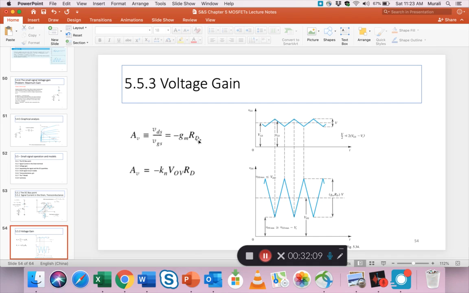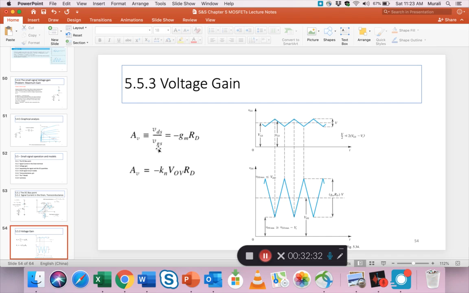Yes, the relationship is that the small signal voltage gain is nothing but the transconductance times Rd. It is nothing but the ratio of the output voltage to the input voltage, VDS by VGS.